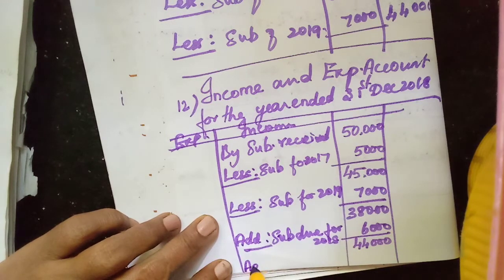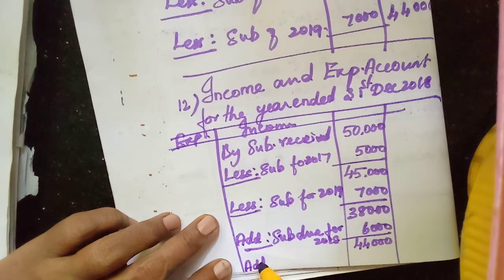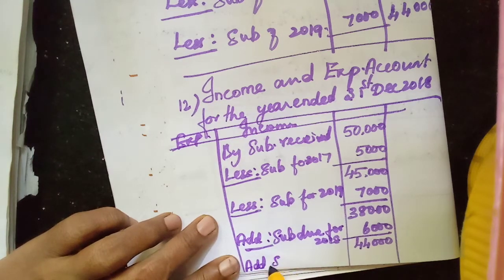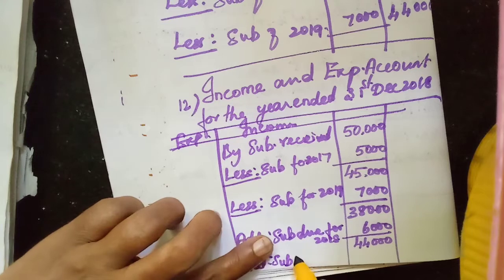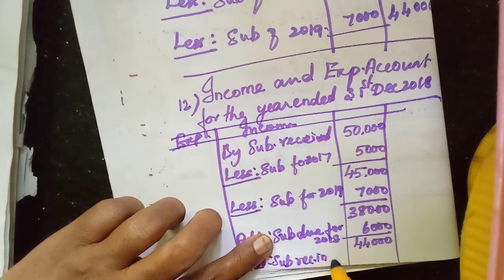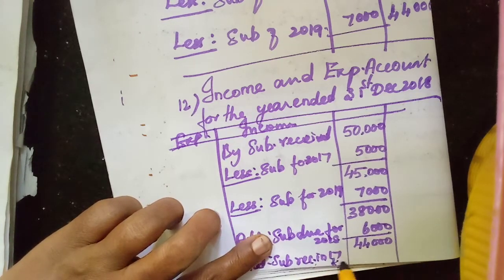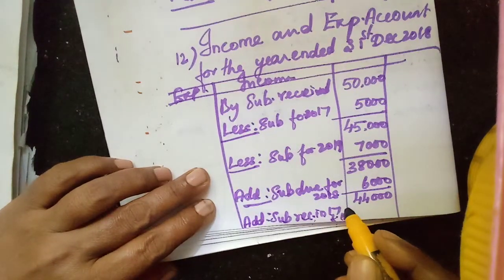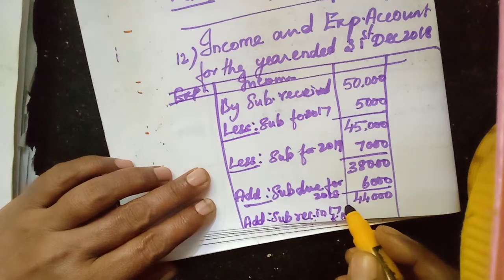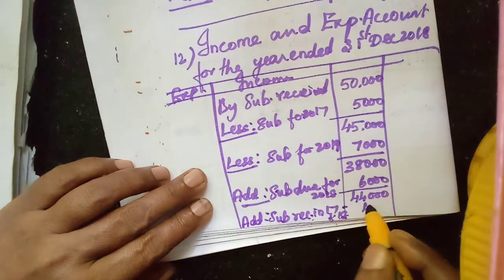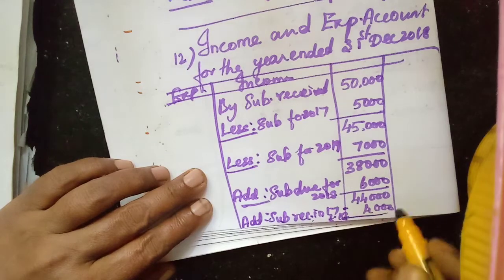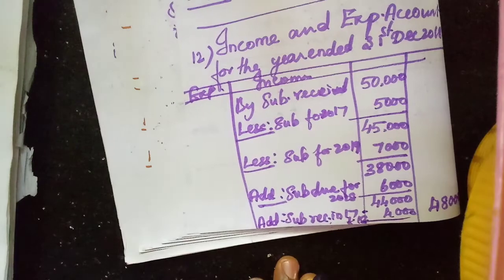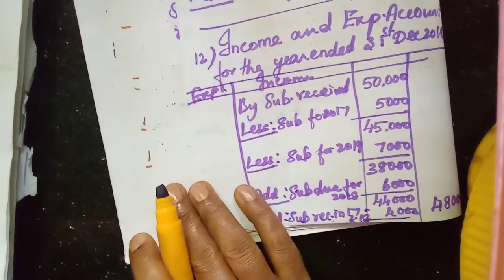Then next one, subscription received in the year 17, received in 17 for 18, for 18. How much? 4,000. So 48,000. That's all. Okay, we have completed 3 problems.